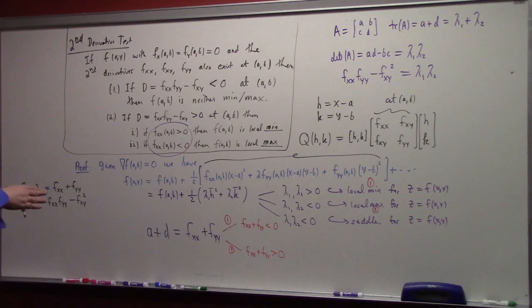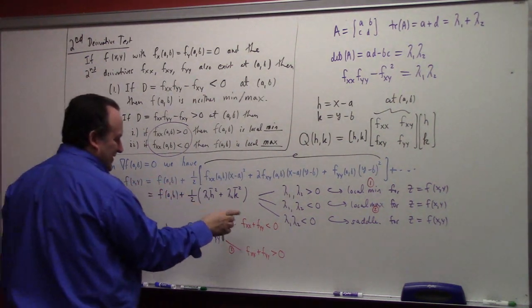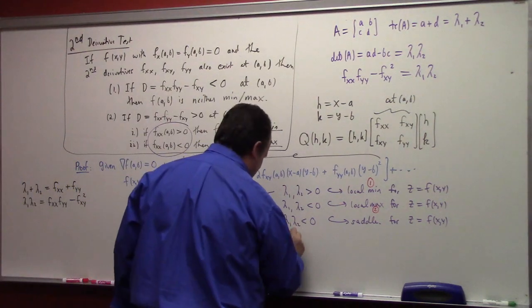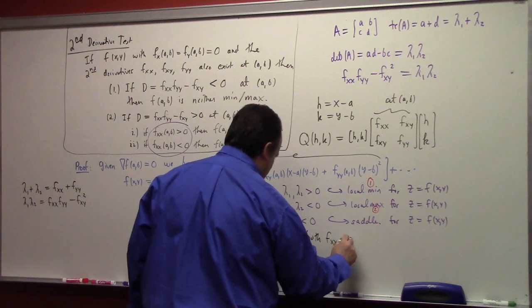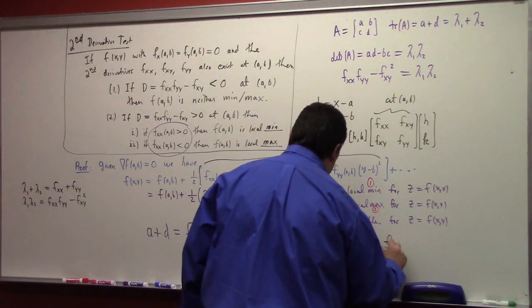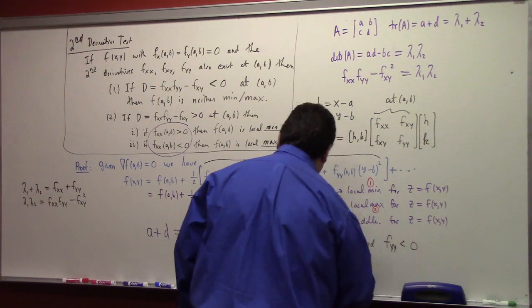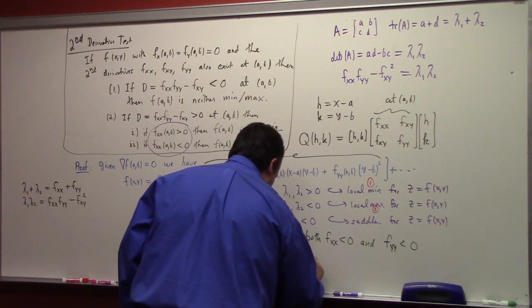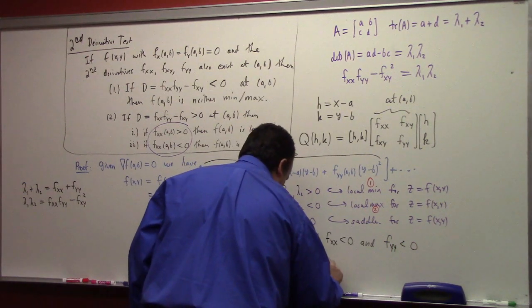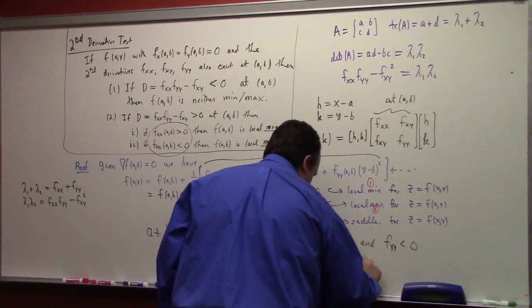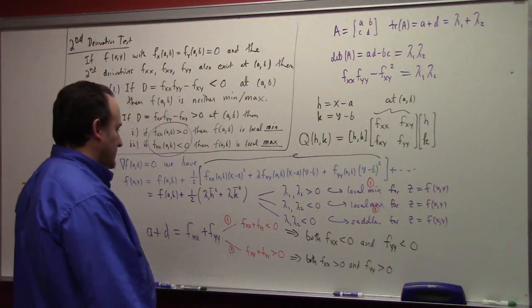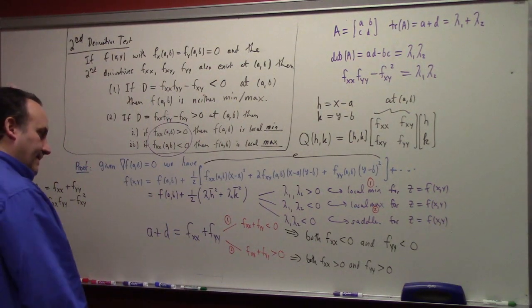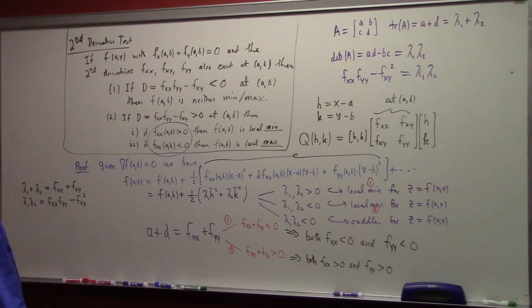I can't convince myself why it should be, but there is a reason that this necessarily implies that both fxx is less than 0 and fyy is less than 0, and this also implies that both fxx is positive and fyy is positive. Well, but if they have to have the same sign and the sum is negative, shouldn't they both be negative?